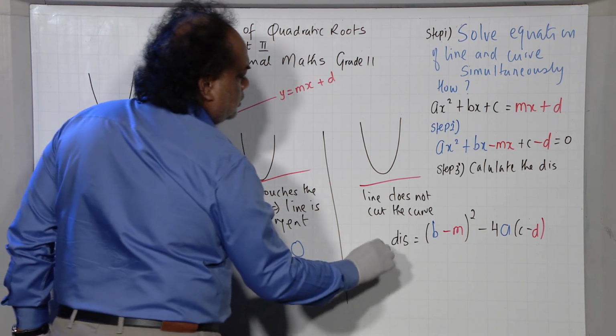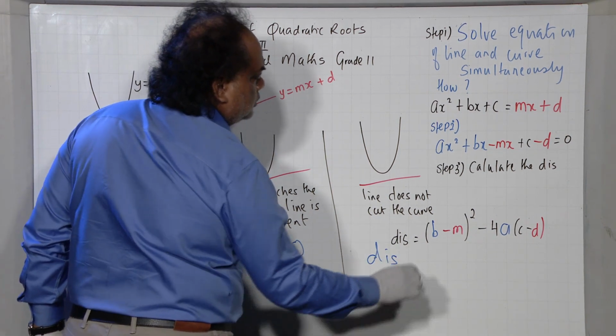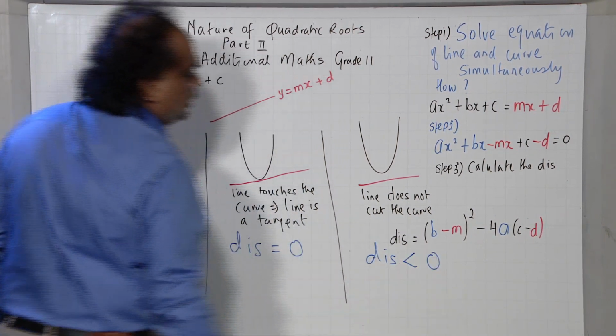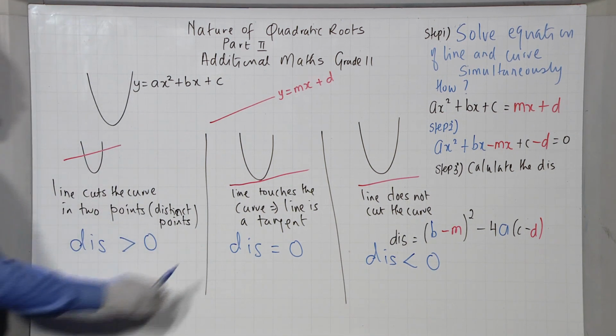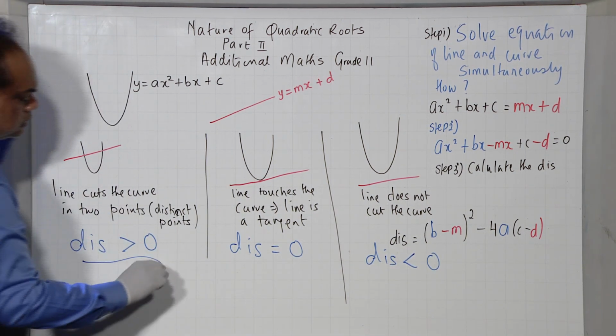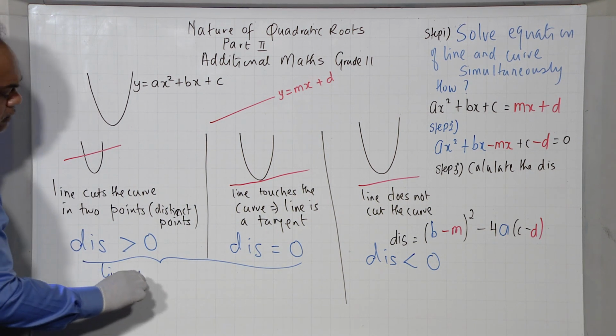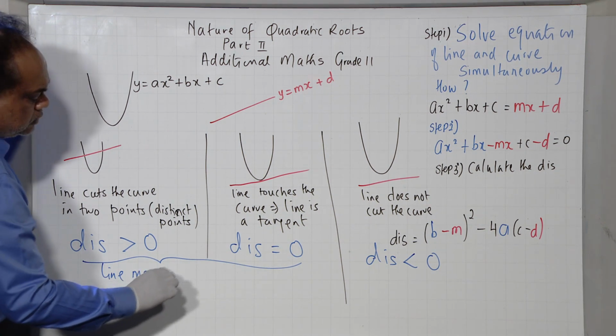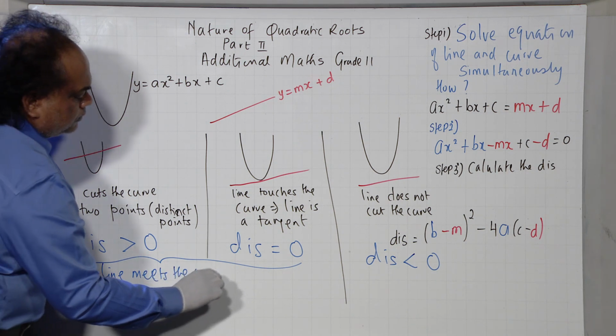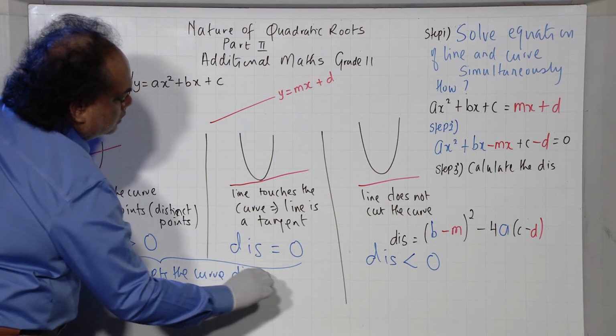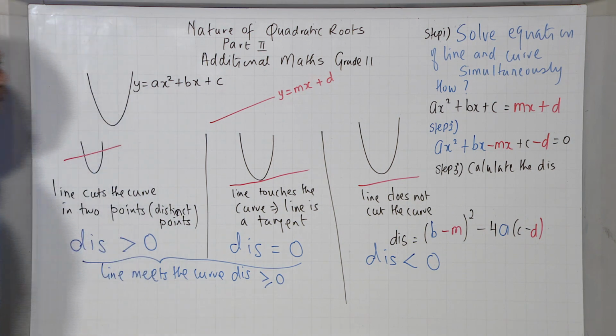If the line does not cut the curve, the discriminant will be negative. These two cases, we often combine them. Line meets the curve. Discriminant is greater or equal to 0.